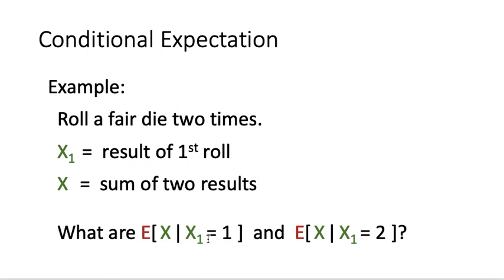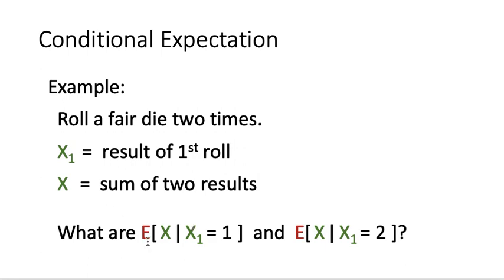Now, in the first case, when X1 is equal to 1, what does that mean? We now know that the first roll has to be 1, while the second roll could be equal to 1, 2, 3, 4, 5, 6 with equal probability. So the total sum could be 1 plus 1, or 1 plus 2, or 1 plus 3 up to 1 plus 6, and each of them has the same chance of occurring.